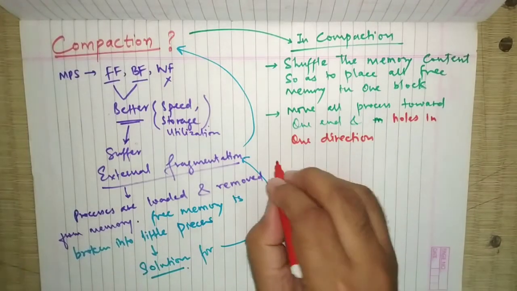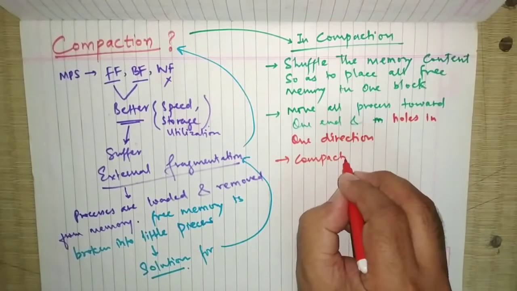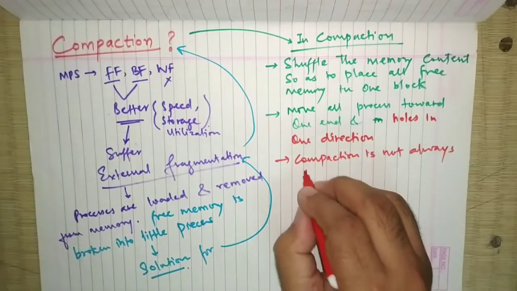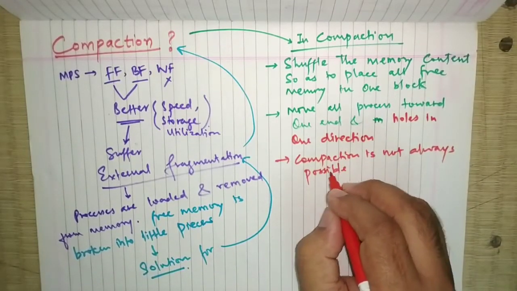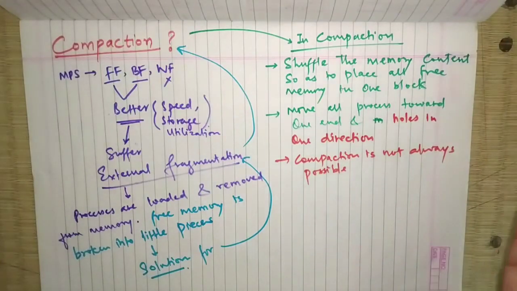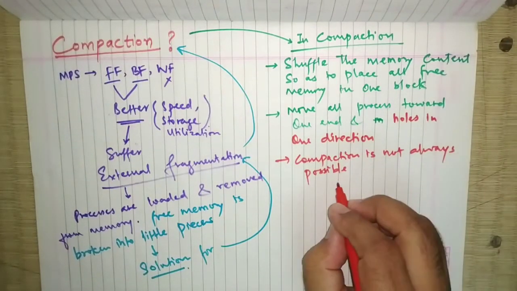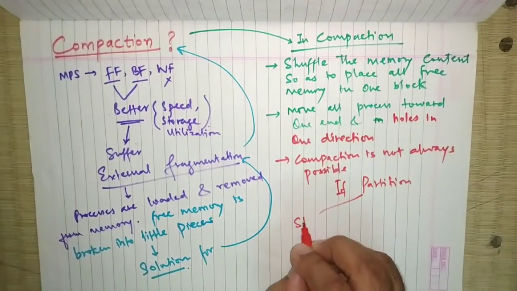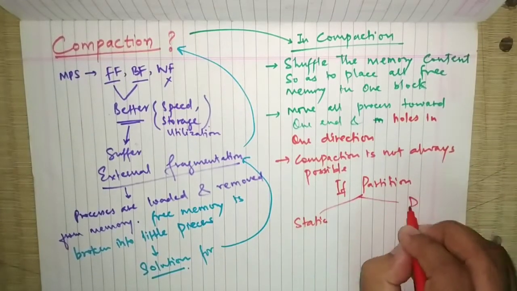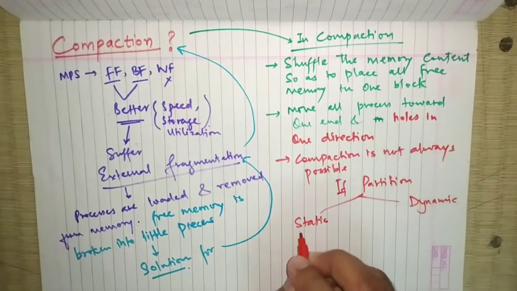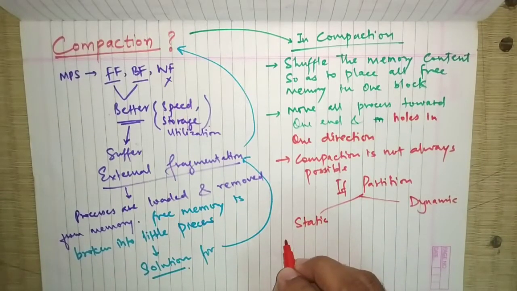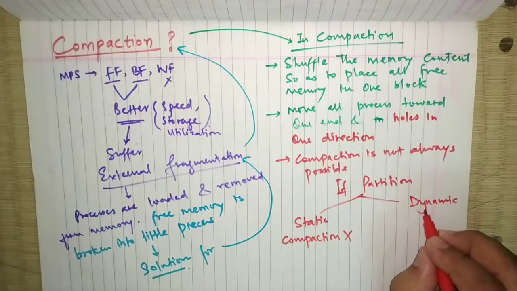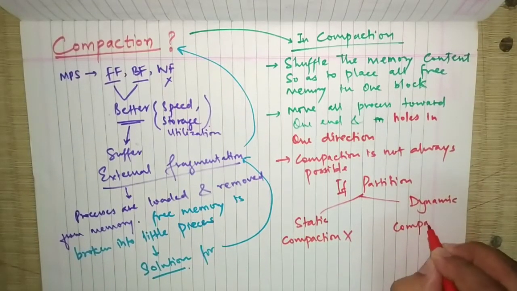Compaction is not always possible. Why? Because we have static partitions and dynamic partitions. If the partition is static, compaction is not possible, and if the partition is dynamic, compaction is possible.